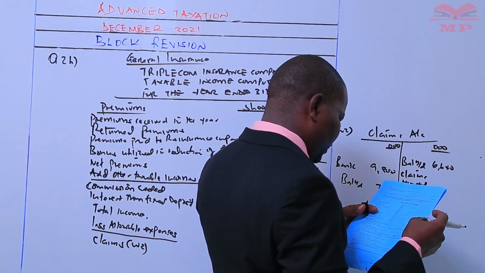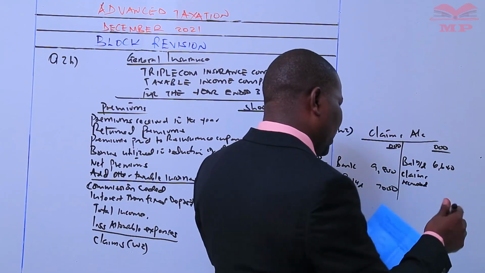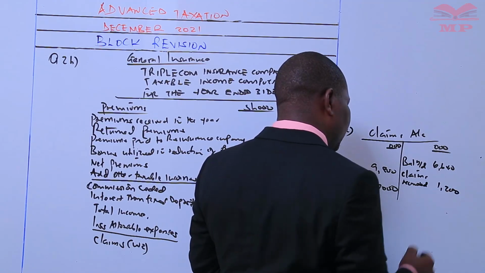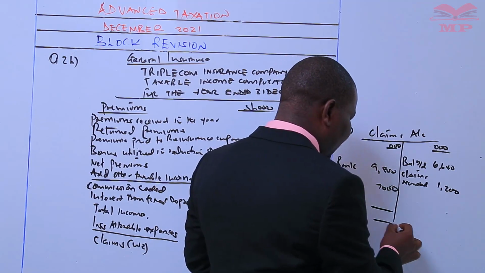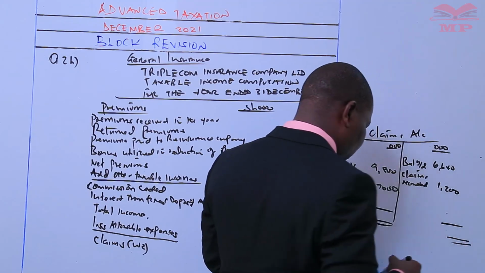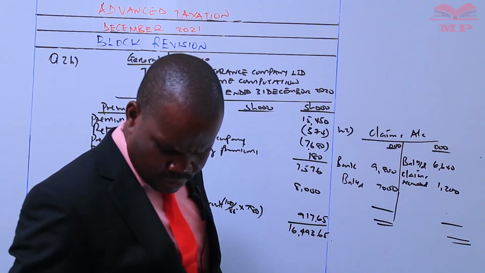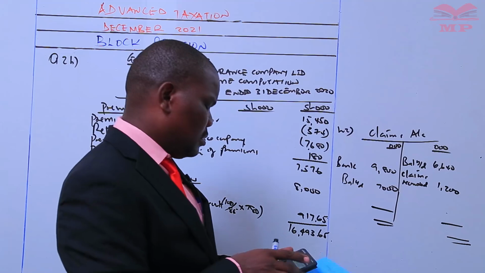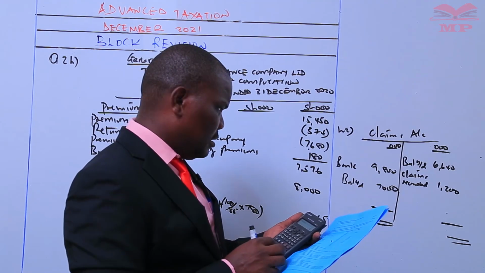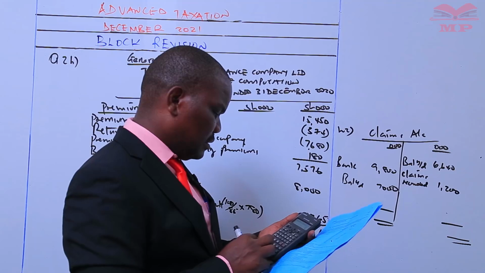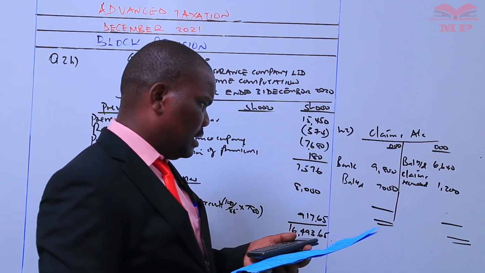An amount of 1.2 million shillings. Because that is the last item affecting claims, we balance off the claims account keenly. We start with the debit side, that is 9,800 plus 7,000, a total of 16,800.